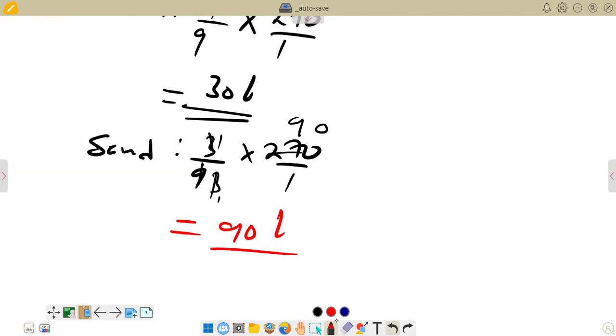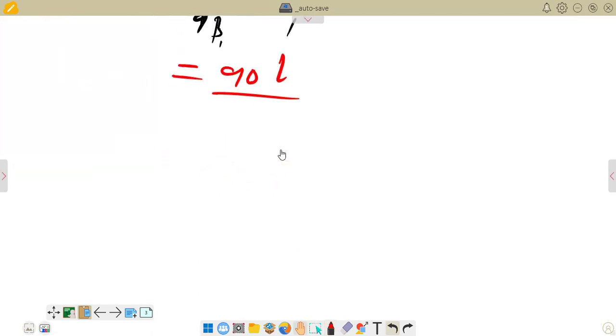And then we go to gravel. Let's see the calculation of gravel now. On gravel, remember the representation of gravel in the ratio? It is 5.